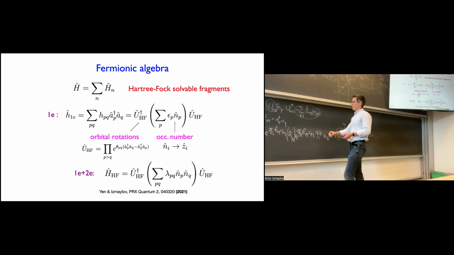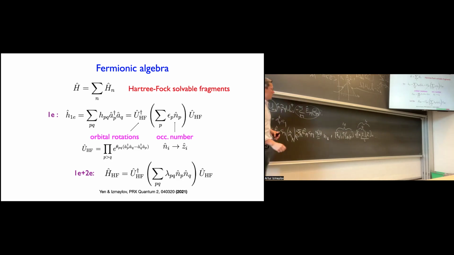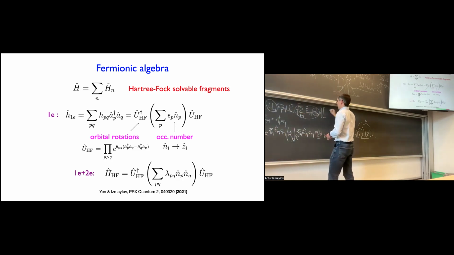So if we have n, p and q here, then this will be 1 and another sum over r, s, maybe we want to keep that different with also coefficients.